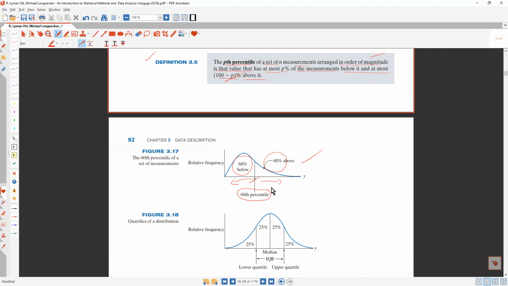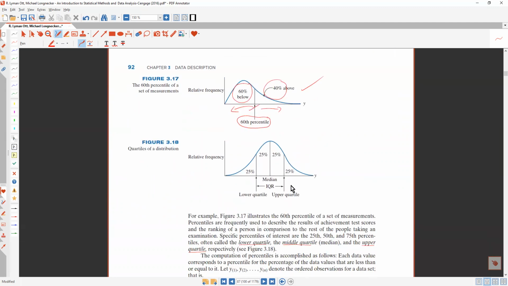If we look at this distribution right here, that nice bell-shaped distribution, we can look at different percentiles in there. We see that the median is going to fall at that 50th percentile, right? Because half of the scores are on this side and half of the scores are on this side. We have 50%, we have 50%.